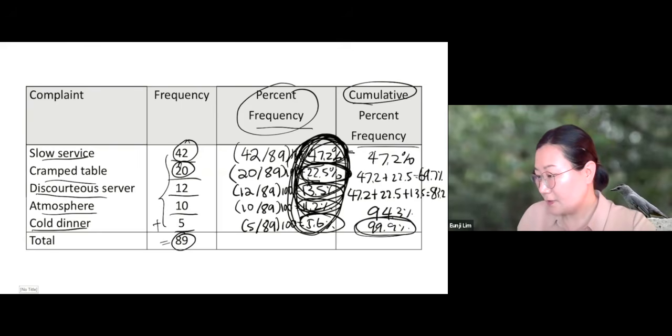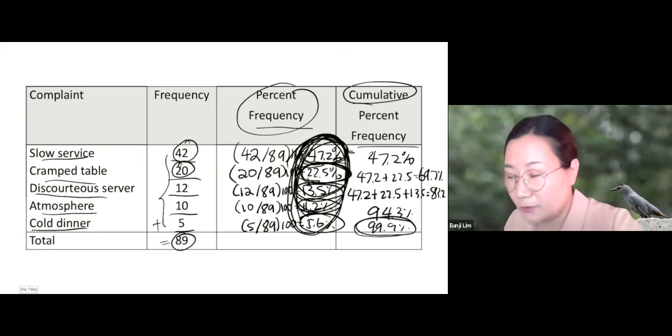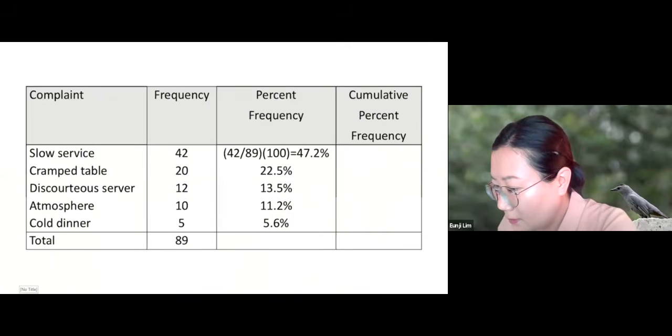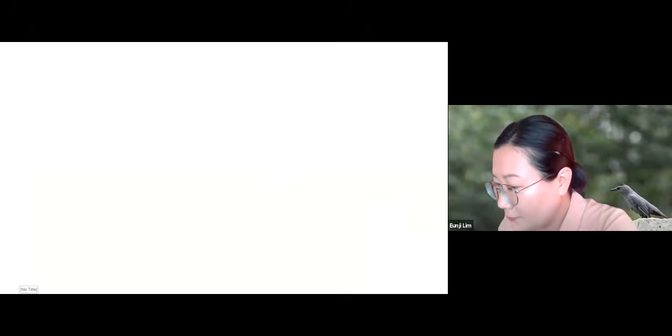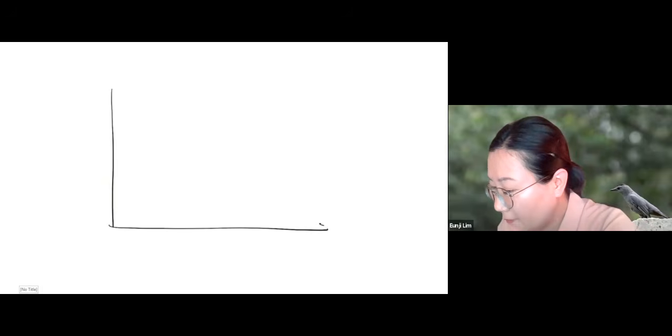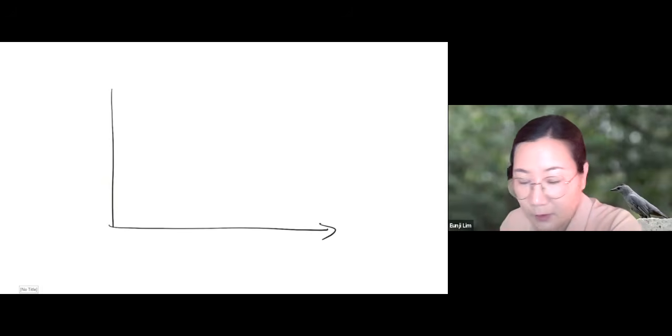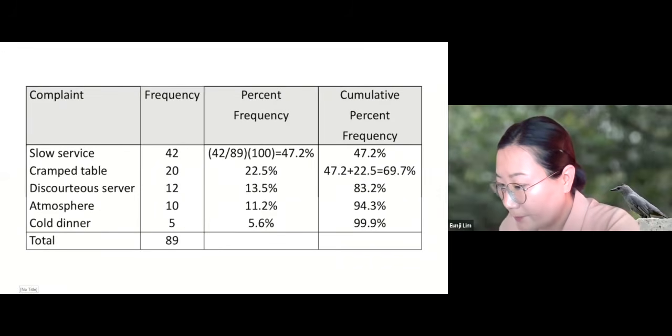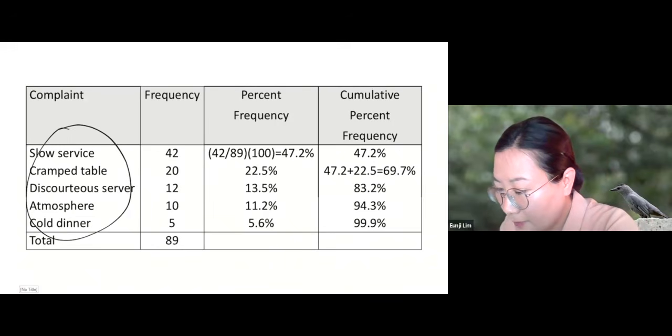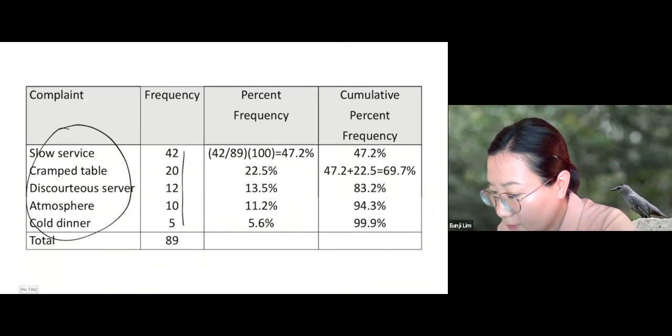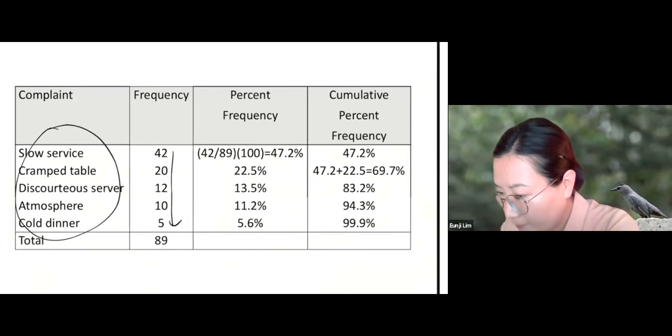So using this, how can we draw the Pareto chart? We're going to draw the x-axis and the y-axis. On the x-axis, you're going to put the list from the highest frequency to the lowest frequency.